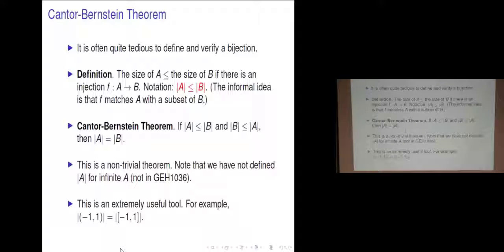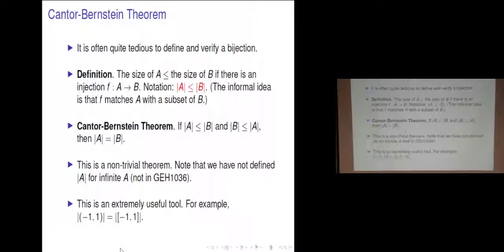Now, if I ask you to find a bijection between the two, it's a bit hard because you have the two extra points. Where do you map them to? But if I use Cantor-Bernstein, it's very easy, because with the identity map, the open interval is a subset of the closed interval. So the size of the open interval is less than or equal to the size of the closed interval. Now, how about the size of the closed interval being less than or equal to the size of the open interval?